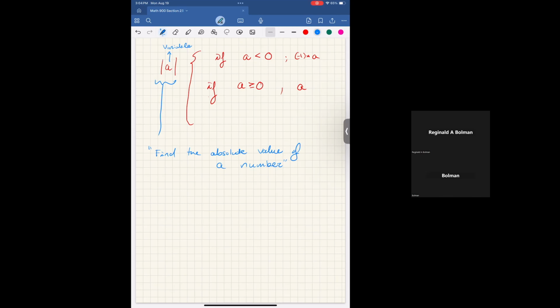Now, to do this, you need to check. You're going to check two conditions. If A happens to be less than 0, you're going to slap a -1 and multiply with that value. What this means is just remove the negative sign.